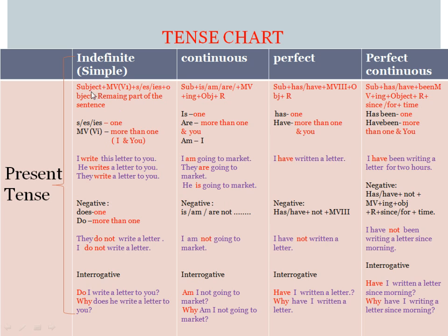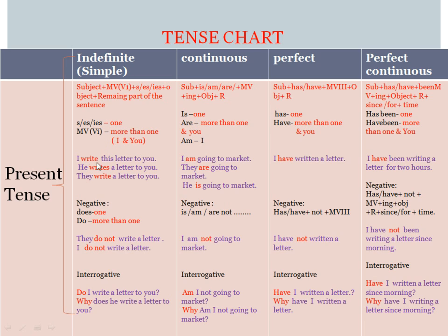Here, first of all, we have to use the subject. The subject is I here. Then we have to find whether the subject is singular or plural. We find that the subject I is plural here. You can say that I and you come into plural.